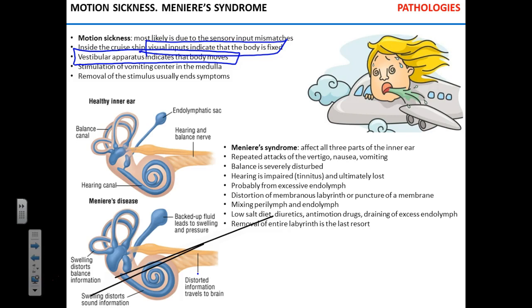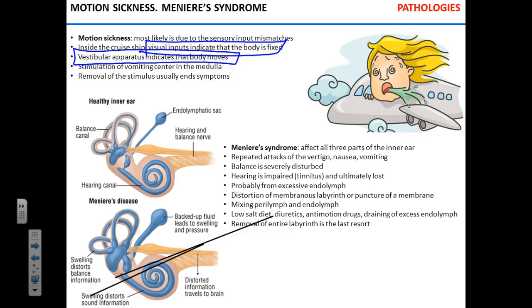Okay? Eventually you will develop motion sickness. And some people are more prone to that, some people are less prone to that. Okay? The only way to treat it is to step out of the cockpit and look at the environment. Match the visual inputs and the vestibular inputs.